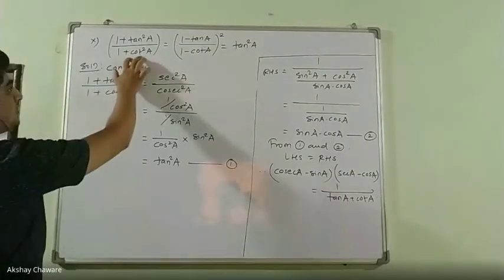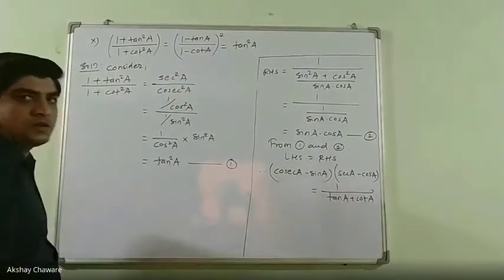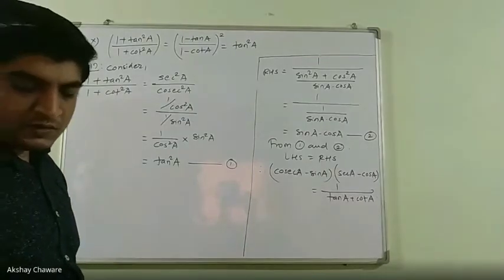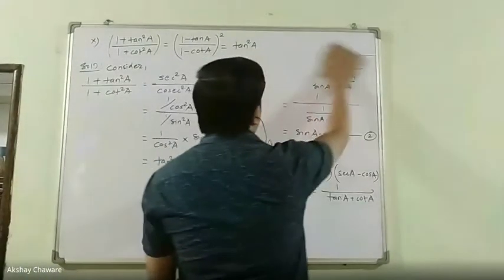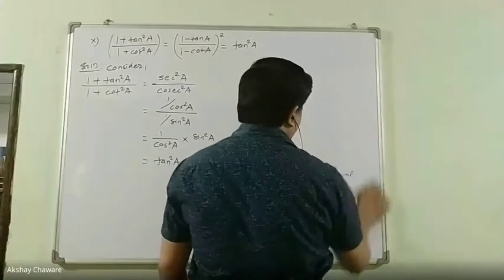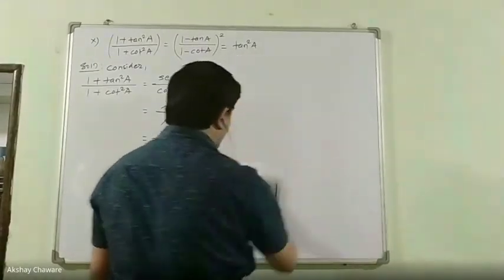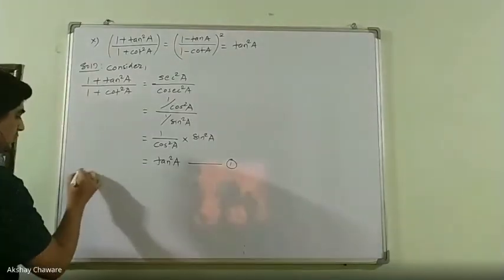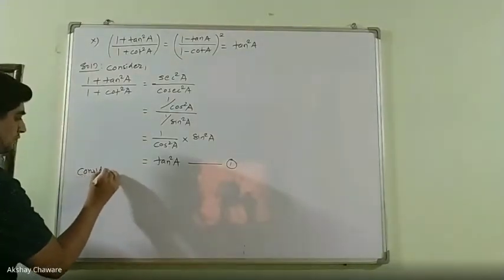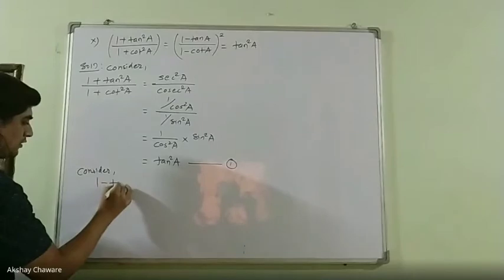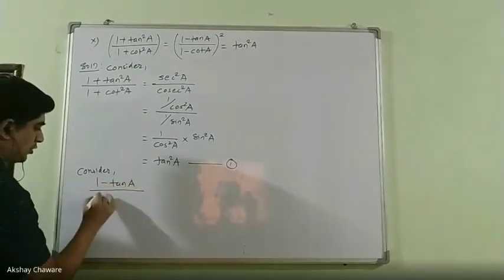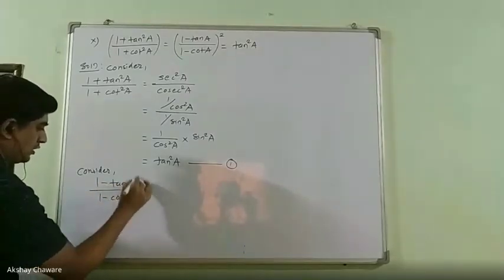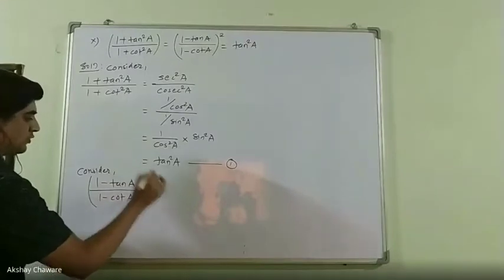Means the answer to this statement is tan square A. Now we have to solve the second one: (1 minus tan A upon 1 minus cot A) whole square. Let's consider first 1 minus tan A upon 1 minus cot A, the complete whole square.